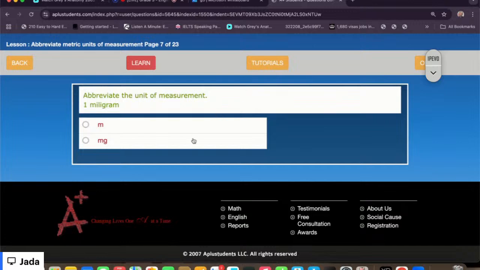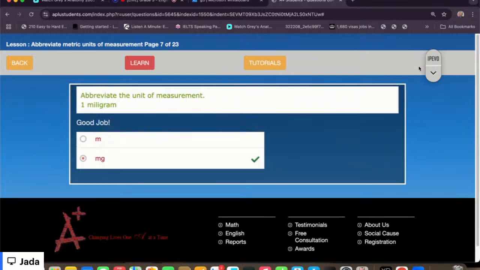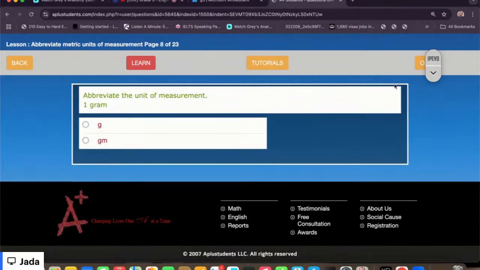All right. So mg for milligram. All right. So we have 1 gram. So what is the abbreviated form of 1 gram?